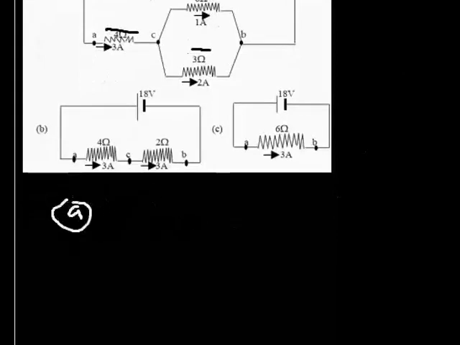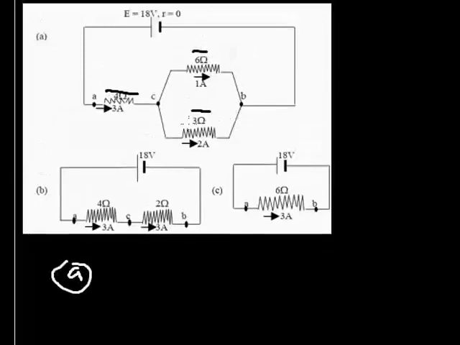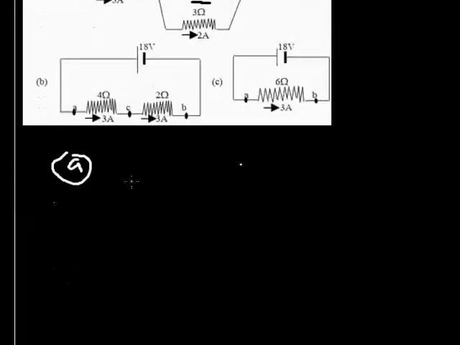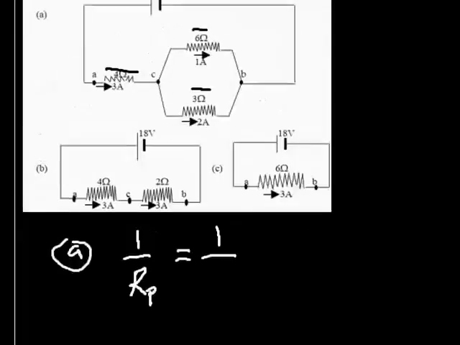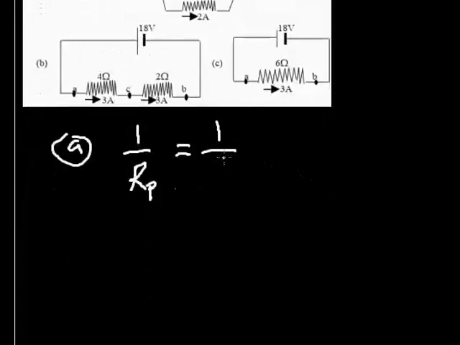Remember, in parallel connection we have 1 all over RT. Let me use P for parallel. It's going to be equal to 1 all over 6 plus 1 over 3. Now remember, I gave you a shortcut: when you have two resistors connected in parallel, instead of going through the LCM process, you can just do product all over sum.